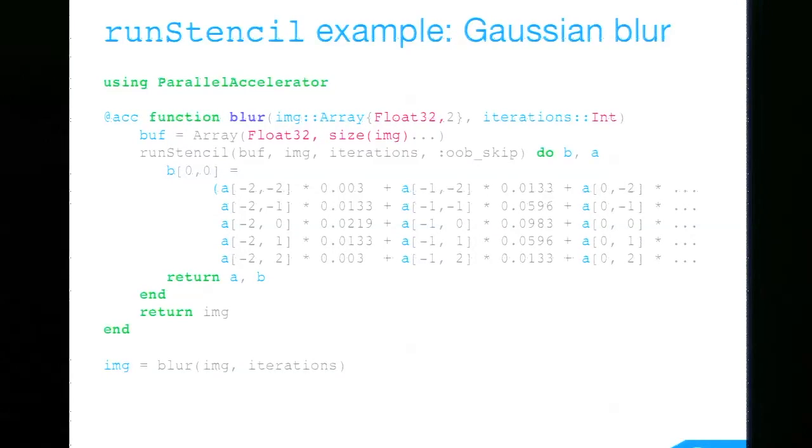Then finally at the end we return A, B here. This is swapped around from the B, A up here, which means that they'll go into the next iteration of the stencil and they'll be switched. So now we'll be blurring again the one that we've already blurred, and so on, for however many iterations we specified.